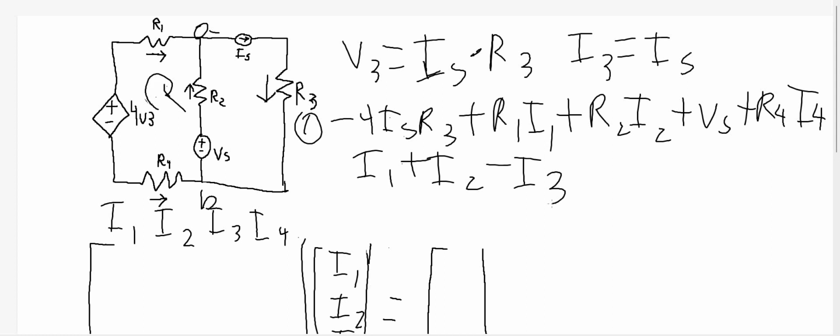And then we write our second equation for node B, which is going to be I4 plus I3, and then minus I2, because I2 is the only one flowing out right there. And that gets us all the equations that we need to plug into a matrix.